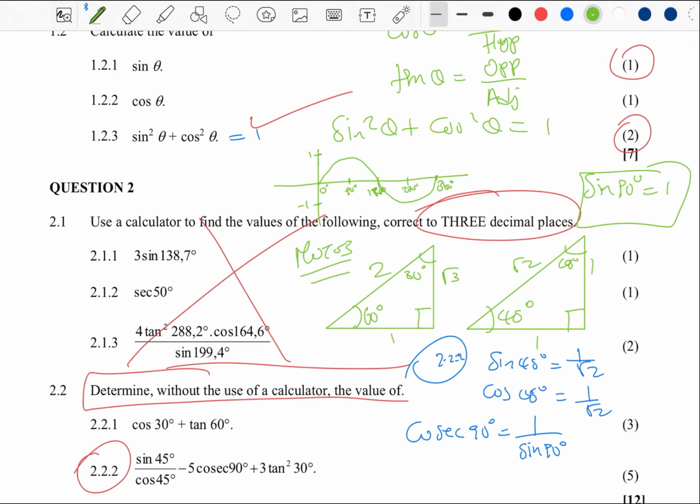Okay, so basically sine 0 degrees is equal to 0. Sine 90 degrees is equal to 1. Sine 180 degrees is equal to 0, right? So sine 270 is equal to what?